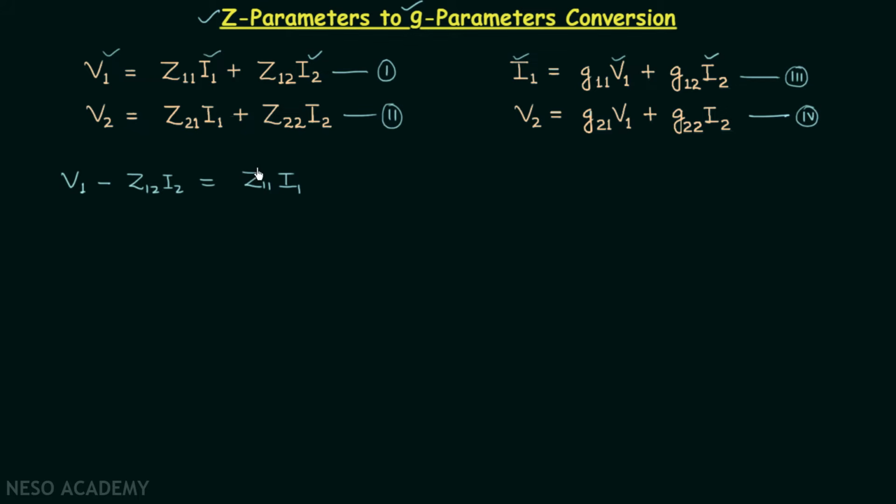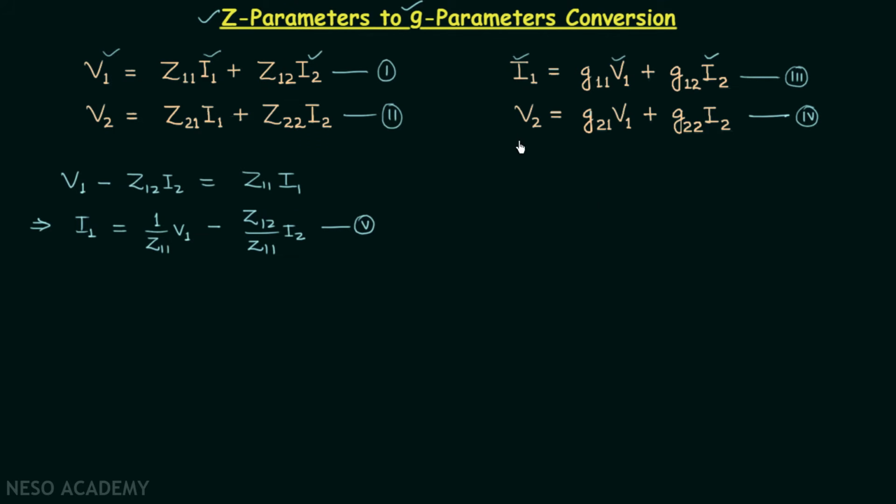Now to get rid of Z11, we will divide both the sides of this equation by Z11, and this will give us current I1 equal to 1 over parameter Z11 multiplied by voltage V1 minus parameter Z12 divided by parameter Z11 multiplied by current I2. Let's say this is our equation number 5. When you compare the fifth equation with the third equation, you will find they have the same form.